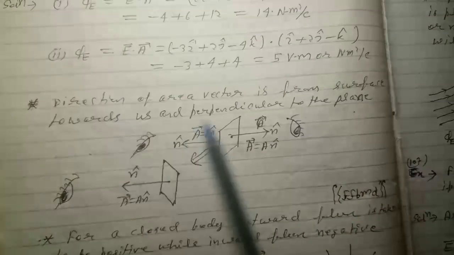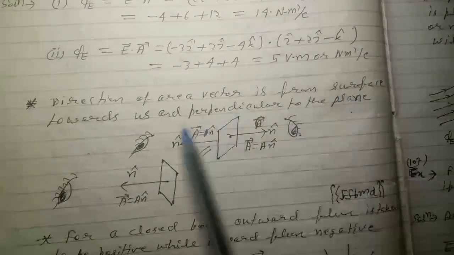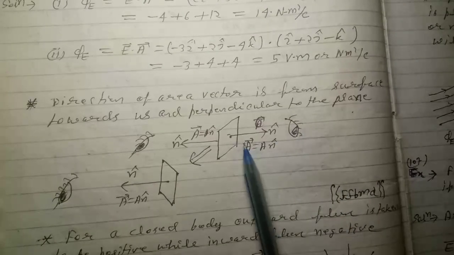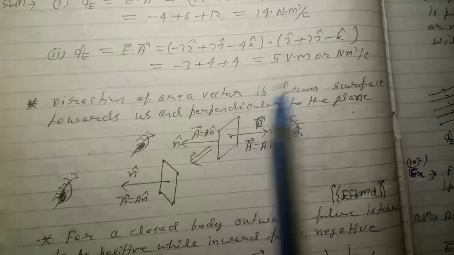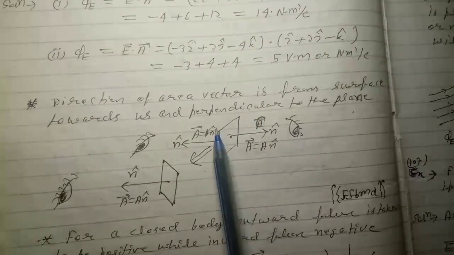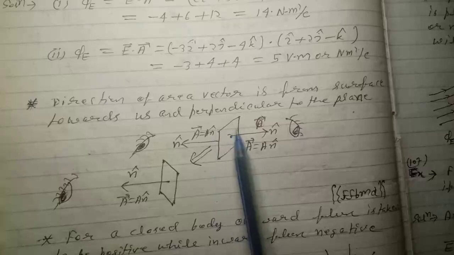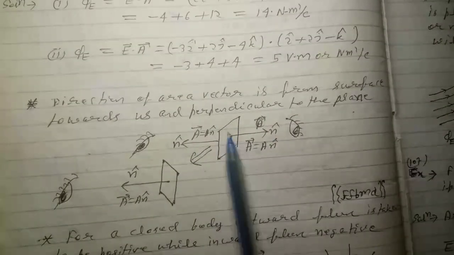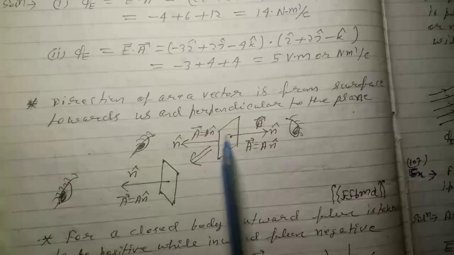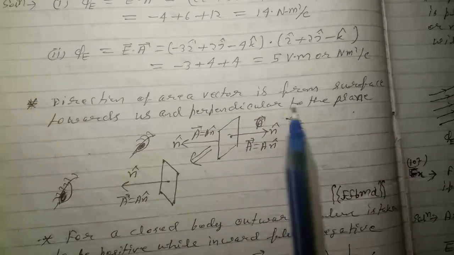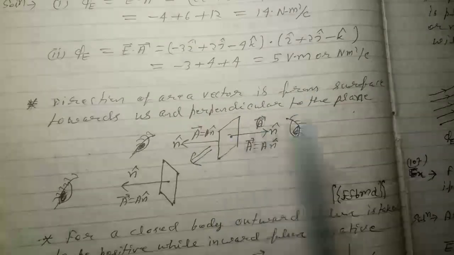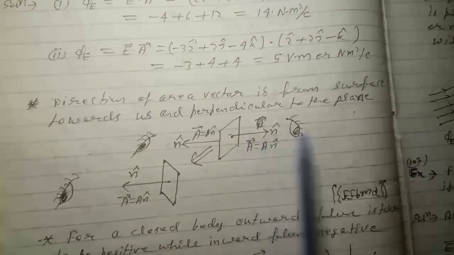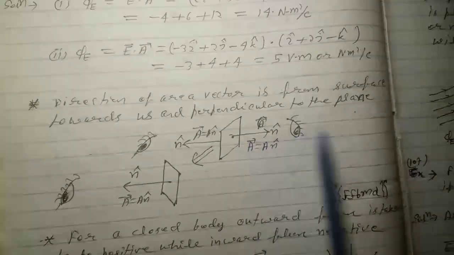Next, the direction of the area vector is from the surface toward us and perpendicular to the plane. For example, consider a surface perpendicular to the plane of the copy or the plane of the board. If we see it from this side, the direction of the area vector will be towards our eyes or towards us.